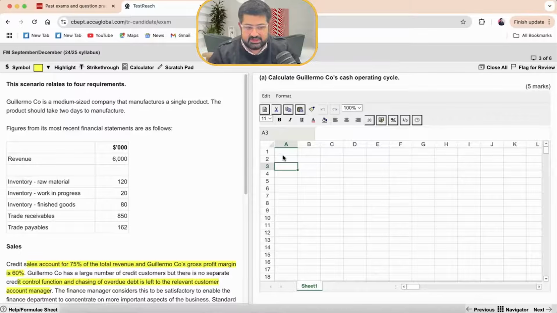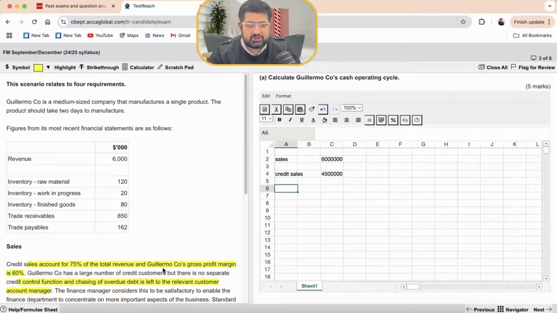Okay, so we will write the data available over here. Then they say that credit sales are 75% of total revenue. So credit sales, which are very much important for us for a number of calculations, is sales into 0.75. So that is the credit sales.